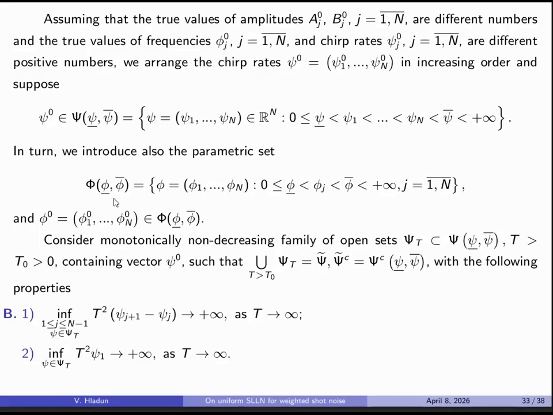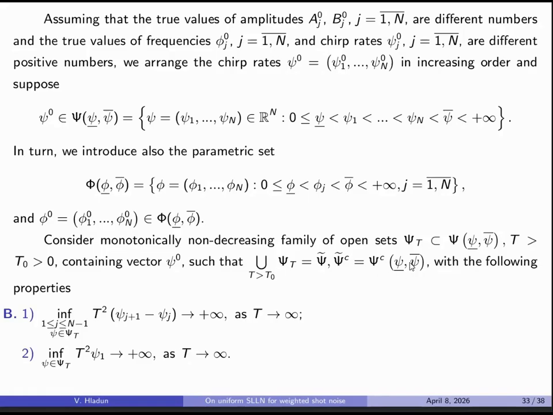Viktor, could you explain? So sorry. It's a family of open sets which is non-decreasing, but in the limit, it goes to the right value. Something I'm missing.